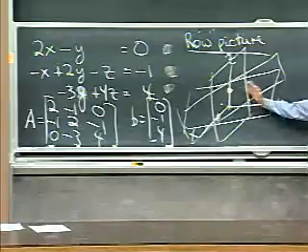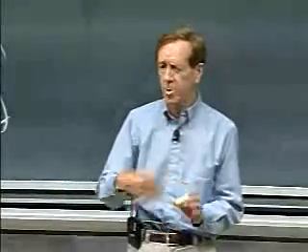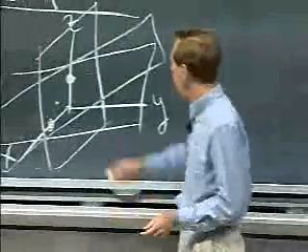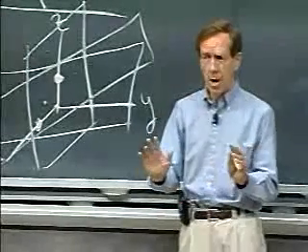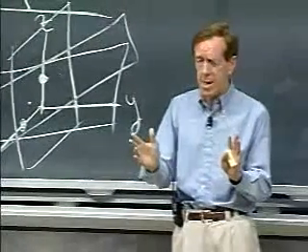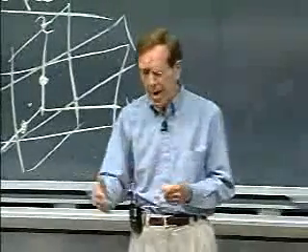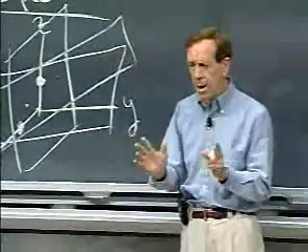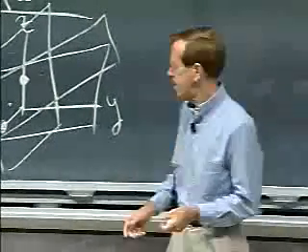So, can I quit on the row picture? I'll quit on the row picture before I've successfully found the point where the 3 planes meet. All I really want to see is that the row picture consists of 3 planes, and if everything works right, 3 planes meet in one point, and that's the solution.